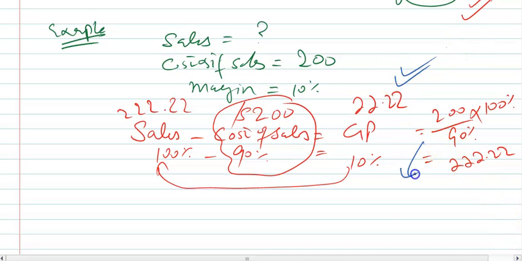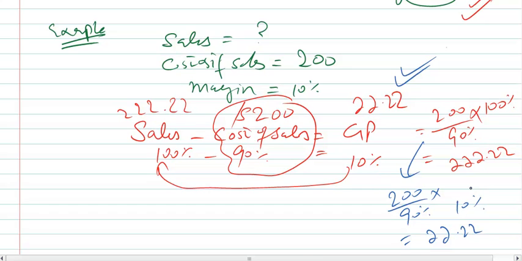You can also find it directly: 200 divided by 90% multiplied by the gross profit of 10%. So you can get it directly. We can find gross profit by deducting cost of sales from sales.